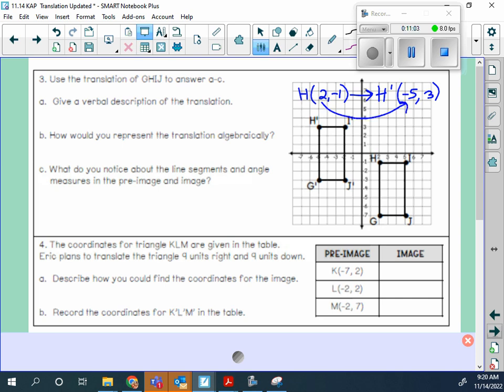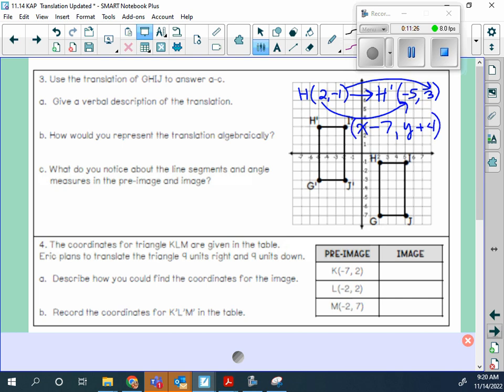So from 2 to -5, what would that be? Does everybody understand that 2 minus 7 happens to be x? And then how did we get from -1 to 3? y plus 4.